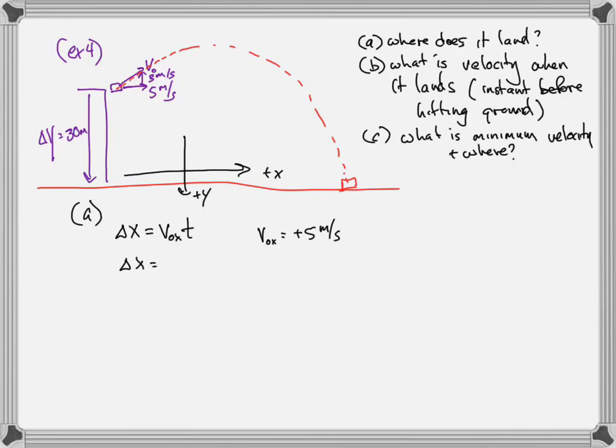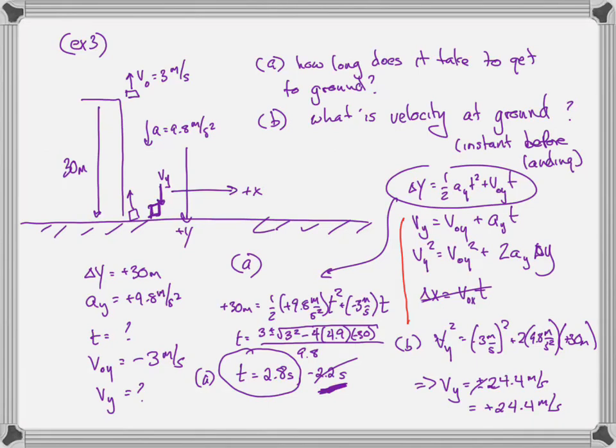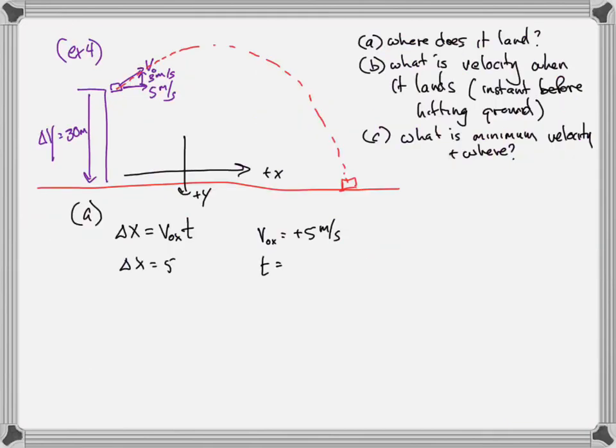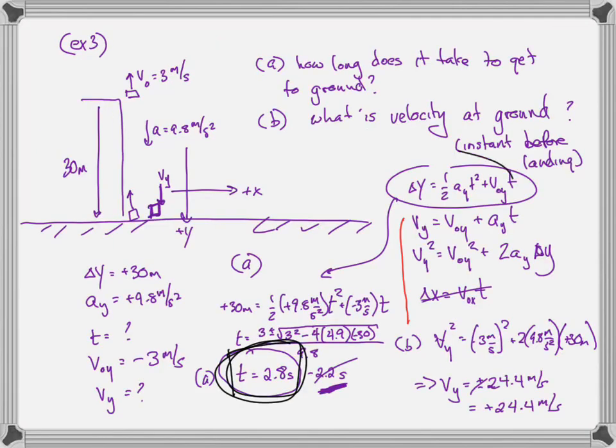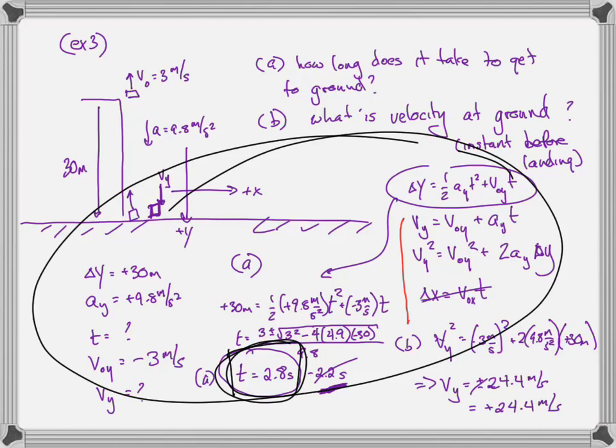And t we already found, because the fact that we're throwing it horizontally at 5 meters per second doesn't change the y motion. So we already found that t is 2.8 seconds.